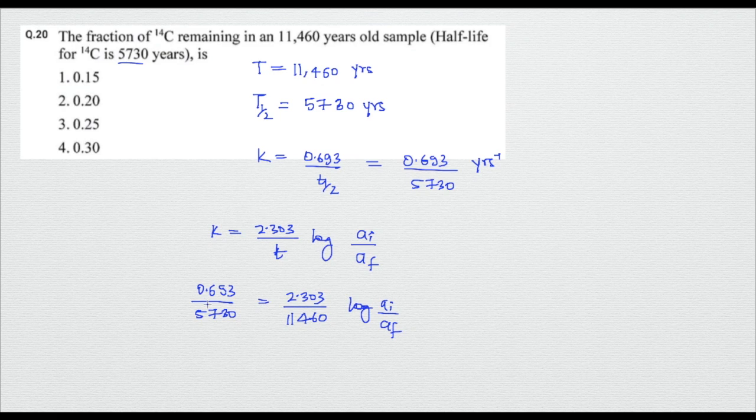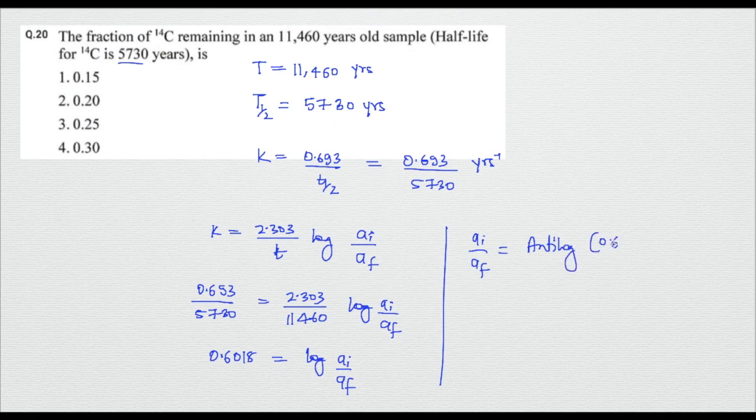Solve this up, you have to take this to the other side and solve. On solving you will get 0.6018, and this will be log AI by AF. So your AI by AF is going to be the anti-log of 0.6018.